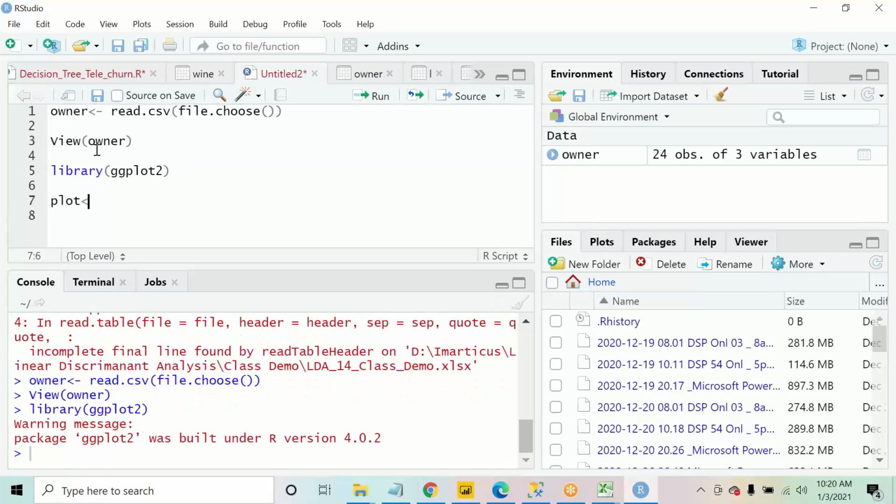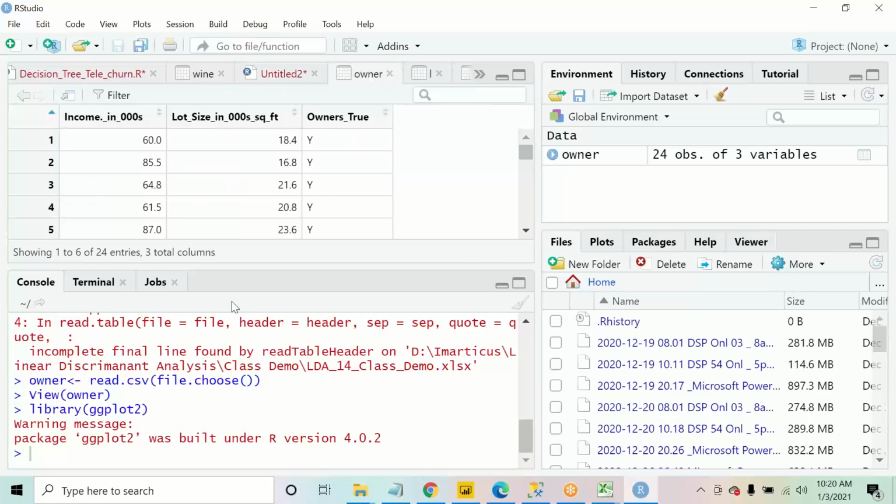Okay, so we will create a plot over here and we will say ggplot aesthetics. On the x-axis we will keep, so what all variables do we have? It's better to copy this variable name.